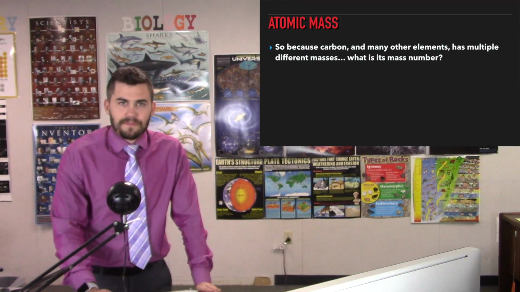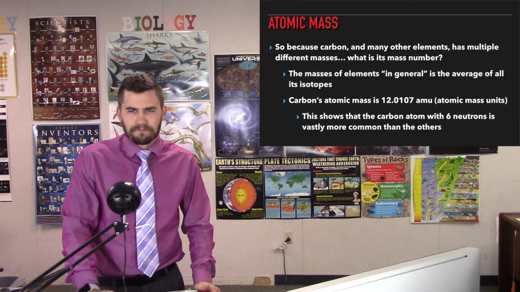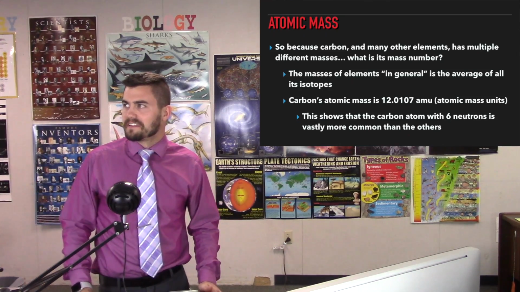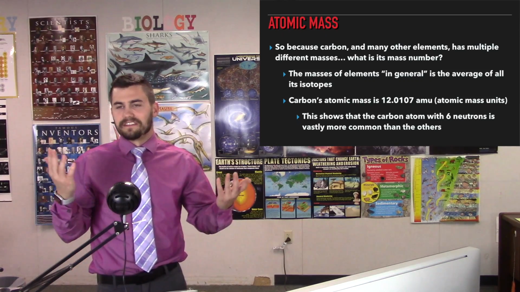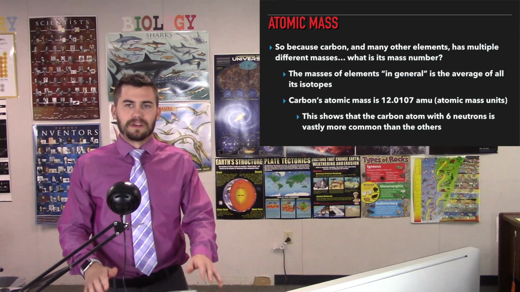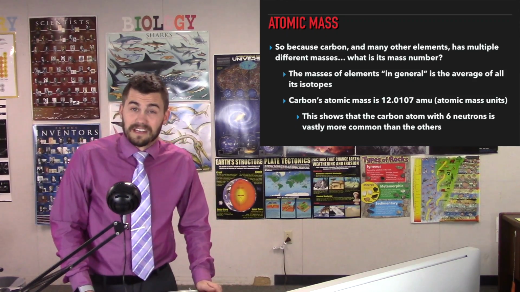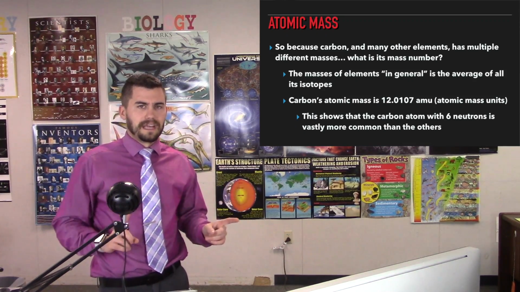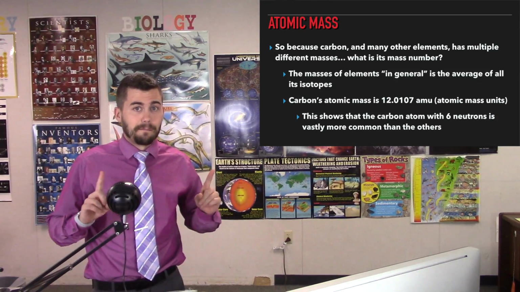Now, I guess I got ahead of myself here. This one is a little more specific. Different periodic tables have their decimal go to different places. So this is maybe the official one, 12.0107. And that's called an atomic mass unit. An atomic mass unit is based on the fact that protons and neutrons have nearly the same mass.